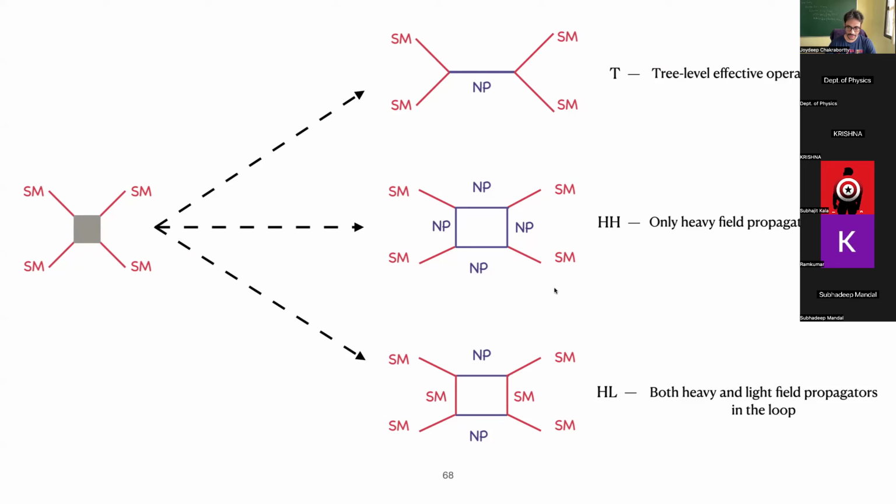Now there's another kind of topology involved here, where in a loop you can have a new physics propagator as well as the standard model propagator. The problem is that you can write the new physics propagator as an infinite expansion in local terms, but not the light particles, because for the light particle masses you cannot do that.